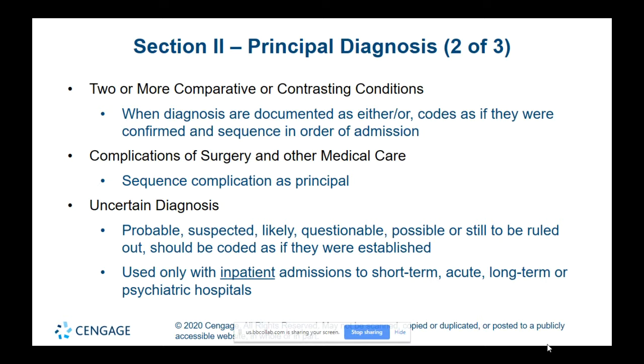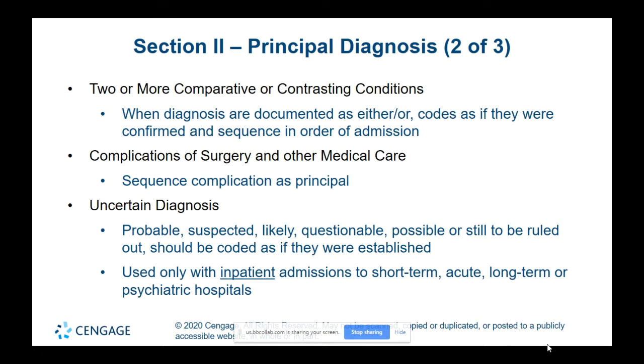Then you would just list fever, then vomiting, whichever one was documented first, the order of admission. If it's documented as either/or, and it doesn't say specifically this and that, then you'll put both of them, with the one that happened first listed first.